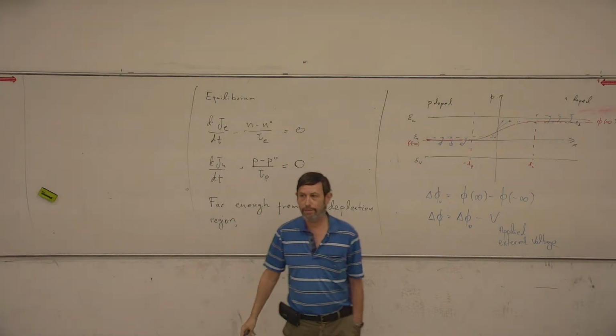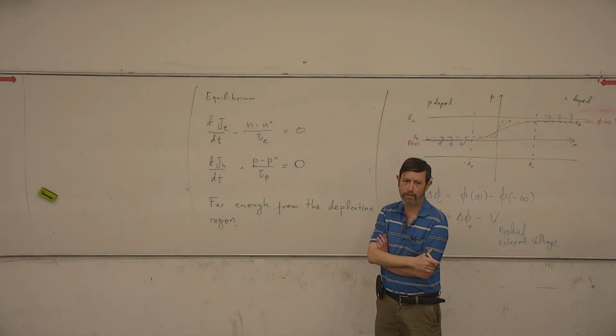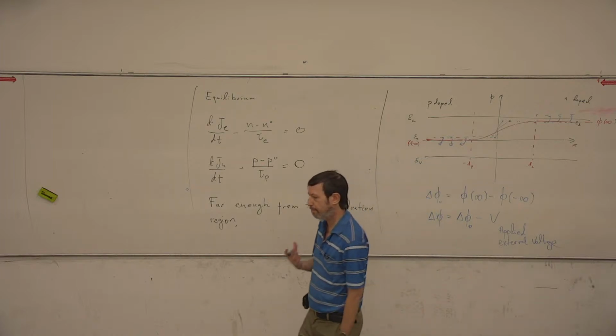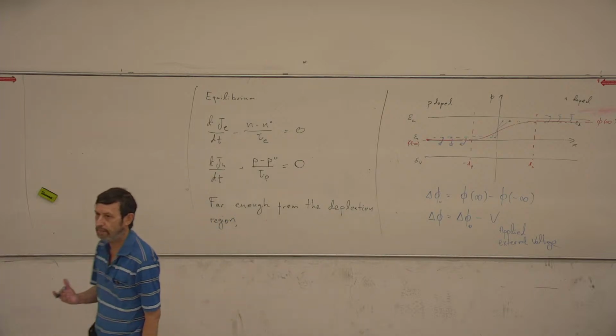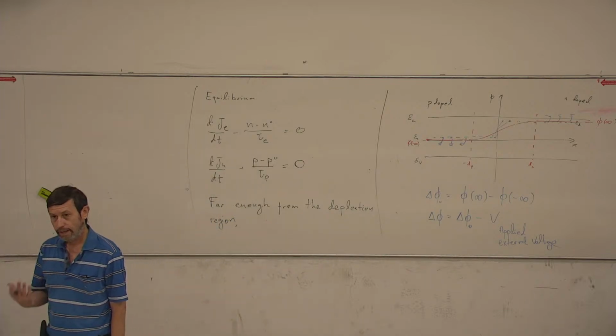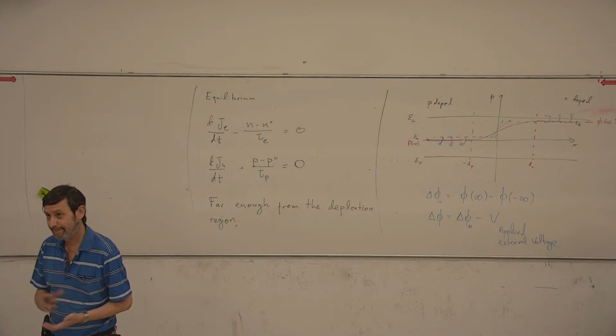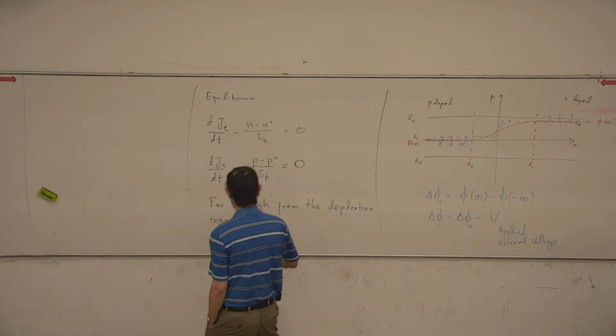What happens far enough from the depletion region? What was the special behavior at the depletion region? I had charge there, right? Far enough away there won't be any imbalance. No imbalance and no electric field. Alright.